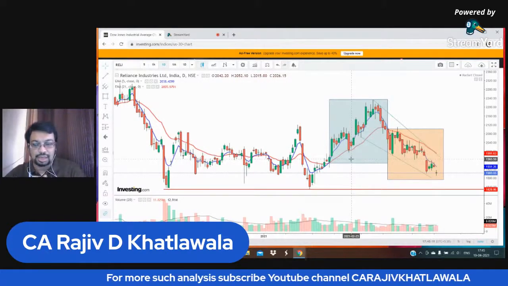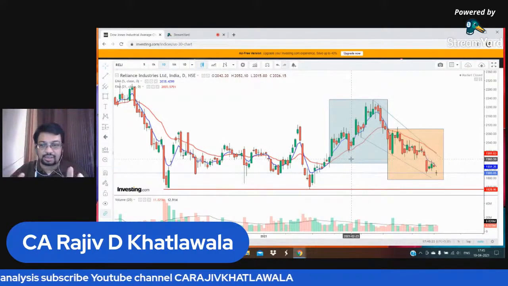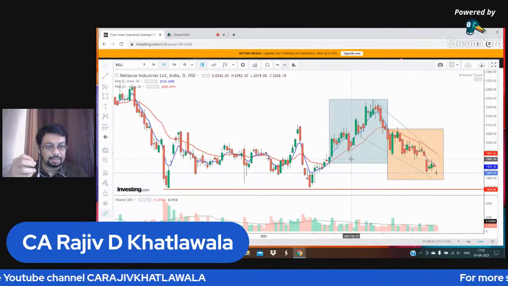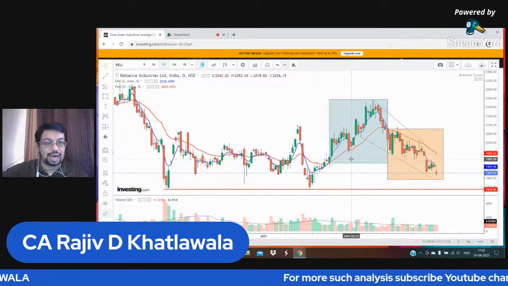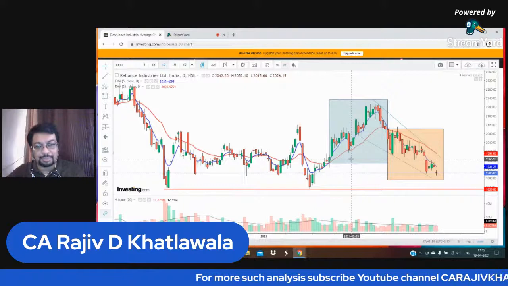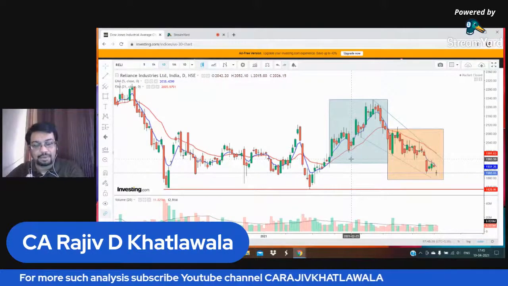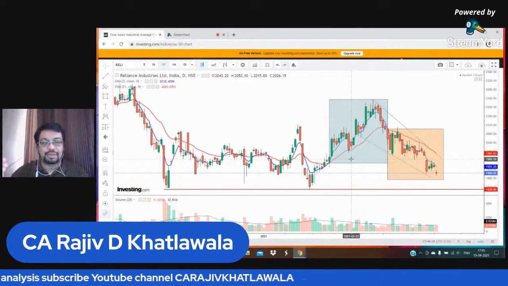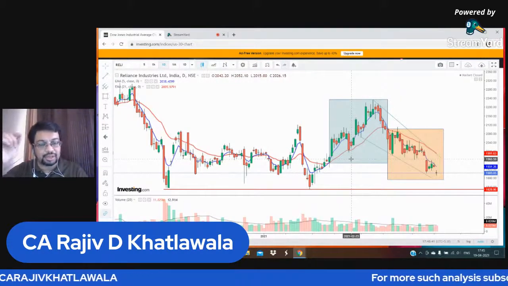Now, of course, as the price keeps on moving, in case the shorter-term people start becoming positive on Reliance and the prices start moving up, then in the next few days, if the prices go up, the 5 days moving average can go above the 21 days moving average.